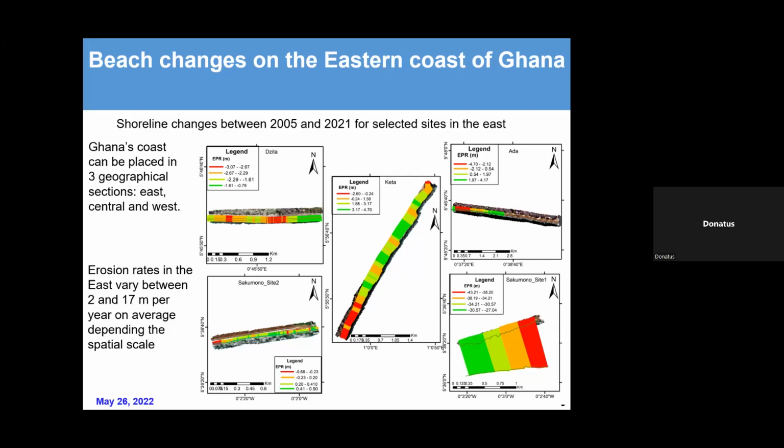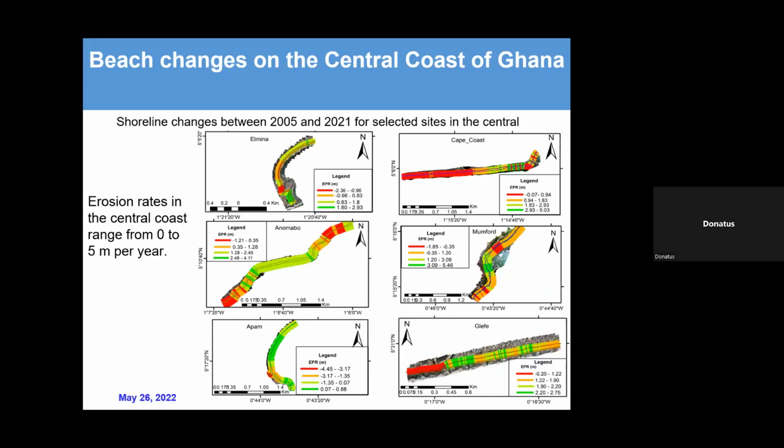As you can see in Sakumono, between 2005 and 2021, erosion measured, or what we estimated, has been observed to be around 43 meters, and that is quite enormous. Currently, all these places have some sort of protection, but as I said earlier, the erosion is still persisting.